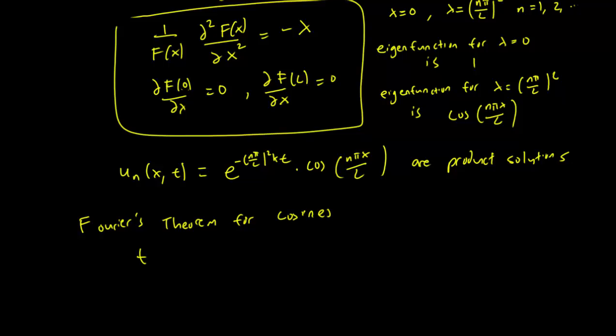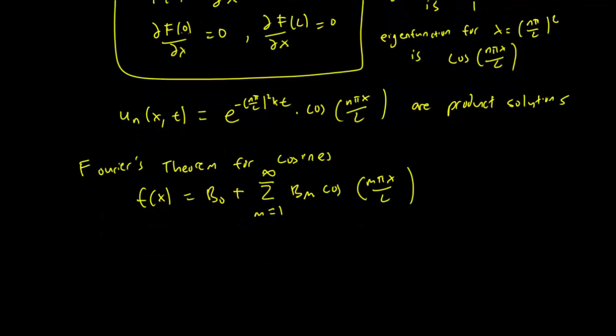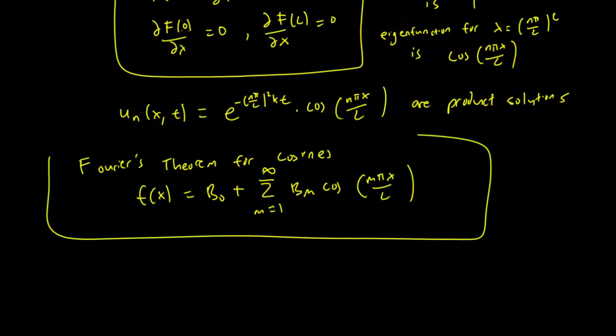We have f(x) can be written in terms of b naught plus the sum from m equals 1 to infinity of b_m cosine of m pi x over L. So nothing very much changes with the expression.